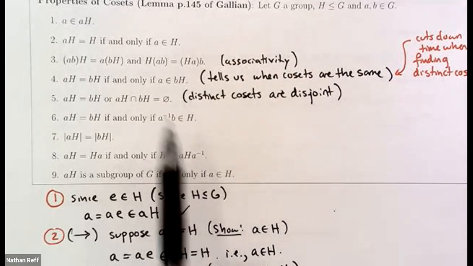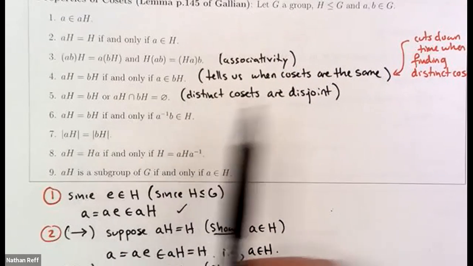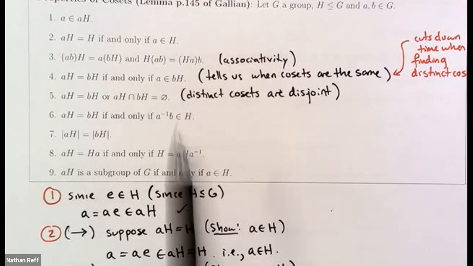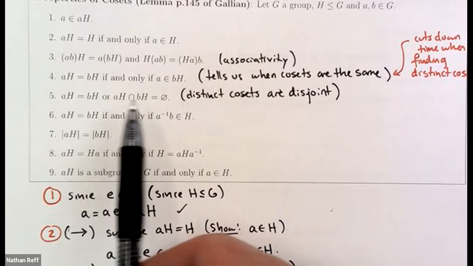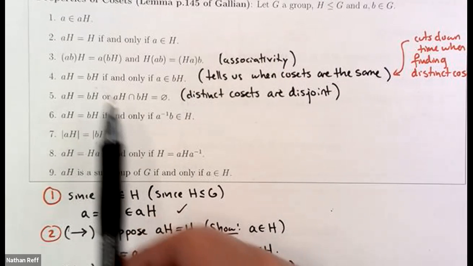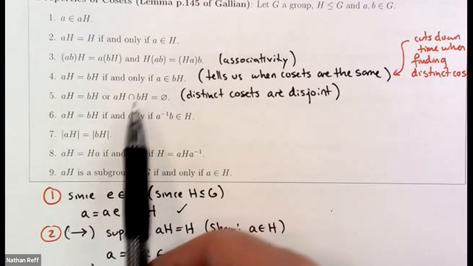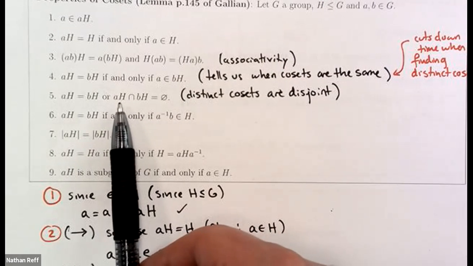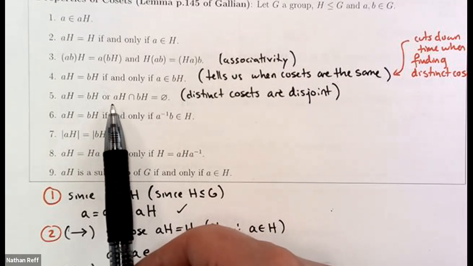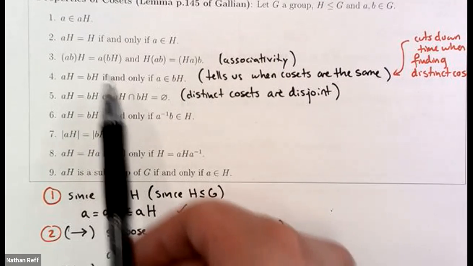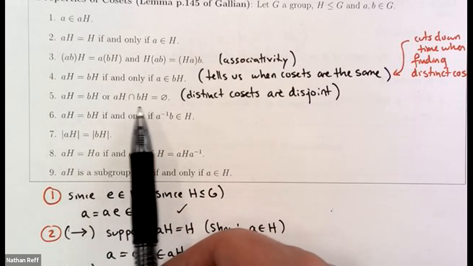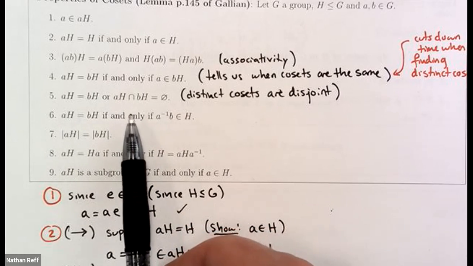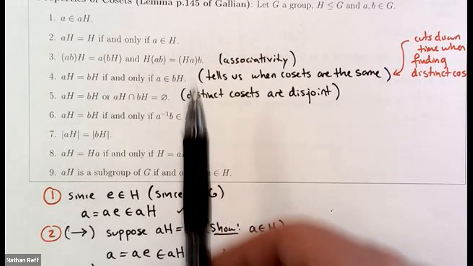A sort of hand-wavy proof of that, like what I'm doing with this pen here, is if you had something in the intersection, then this previous property would say that if I had something that's in the coset AH, then it wouldn't generate anything new as AH. And if I had something in the coset BH, then it wouldn't generate anything new from BH.